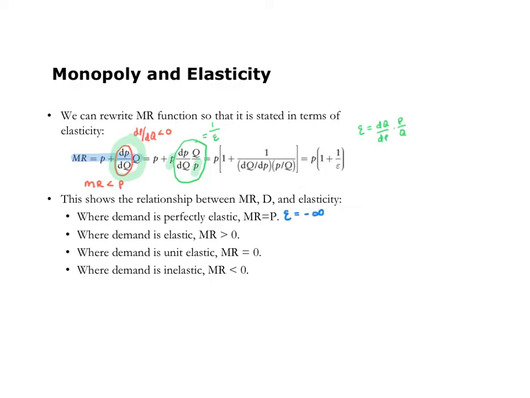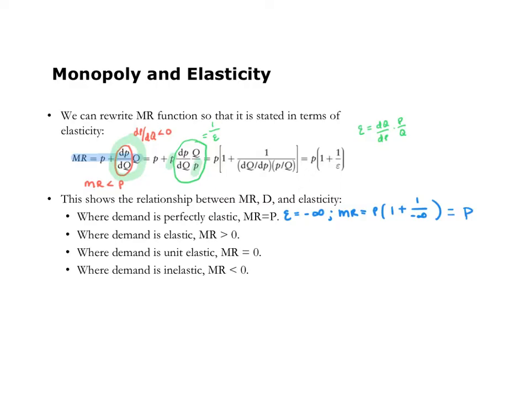If demand is perfectly elastic, just like in a perfectly competitive market, then epsilon is minus infinity. Marginal revenue equals price times 1 plus 1 over minus infinity. 1 plus 1 over minus infinity is 1 plus 0. And so we see, just like in perfect competition, marginal revenue equals price when demand is perfectly elastic.